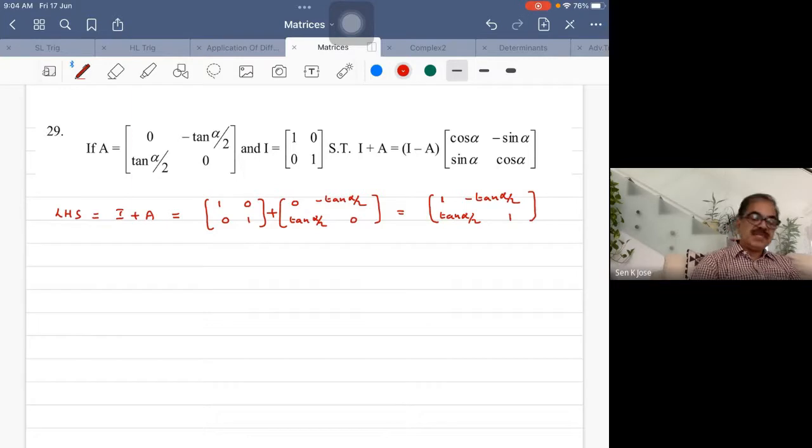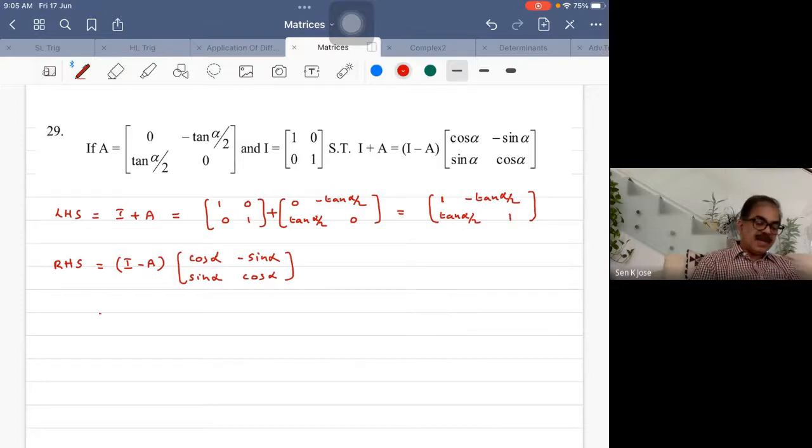Now I'm going to start with the RHS. The RHS is I minus A together in one bracket into, then I have cos alpha, minus sin alpha, then sin alpha and cos alpha. I copied the RHS. Now I'm going to sub in the values of I and A in one bracket and then multiply.